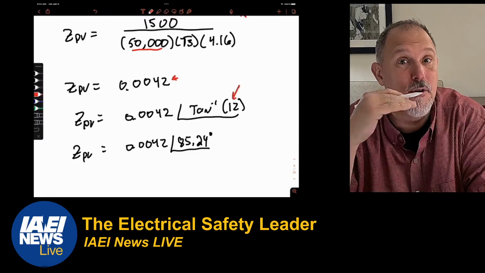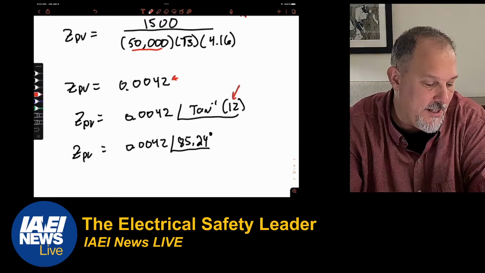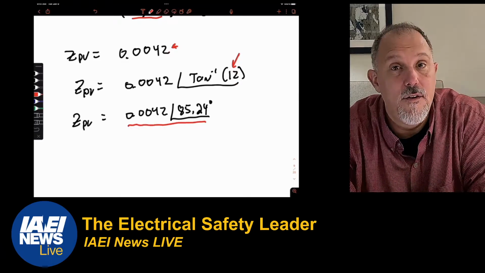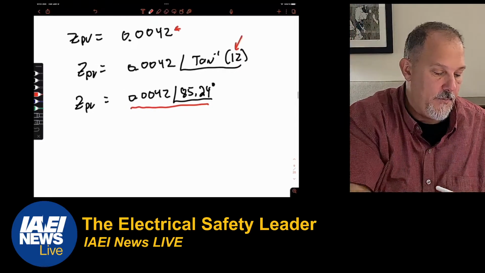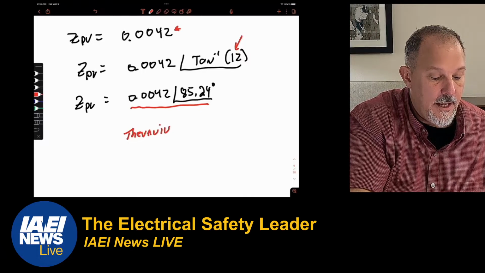And because we know the angle, we know the X to R ratio is 12. That means X over R is 12. Inverse tangent of 12 is 85.24 degrees. This is my impedance for looking back at the source. We call that the Thevenin equivalent.